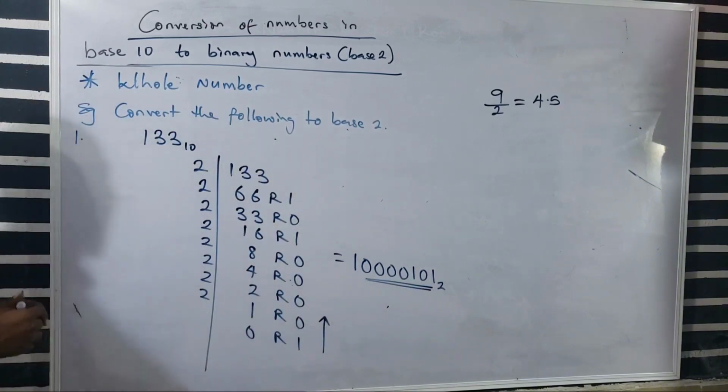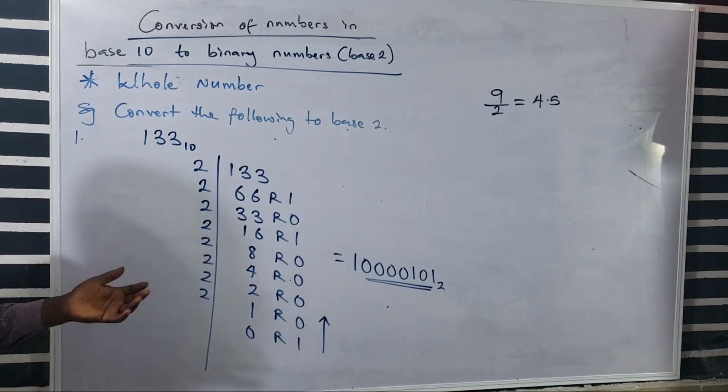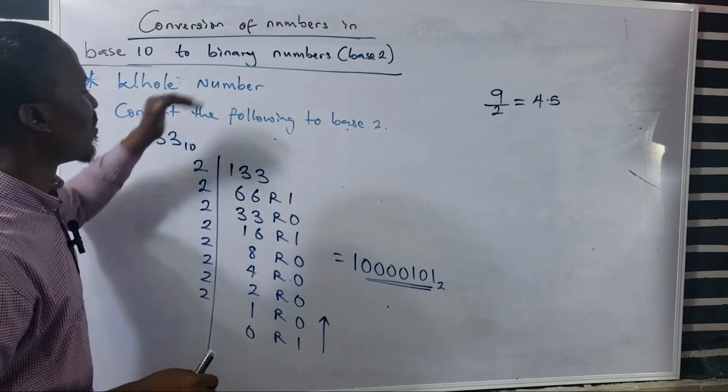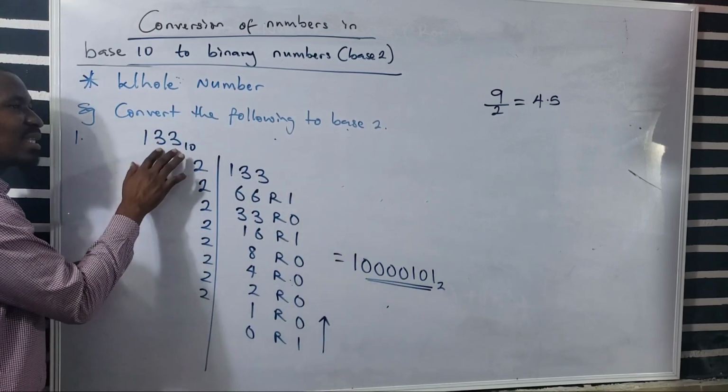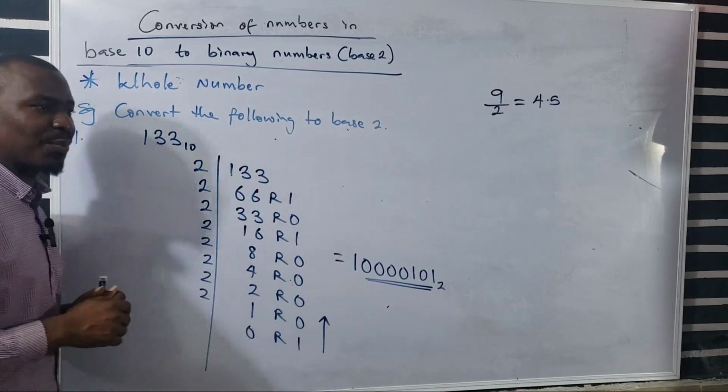So as simple as that. I decided to use large numbers for you to see that it's not that difficult. Okay, so now we are going to look at fractional numbers, numbers that have decimal points. What are we going to do? Let us look at example 1 of such.